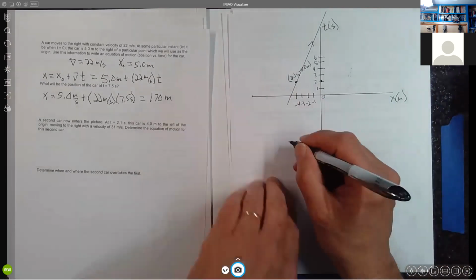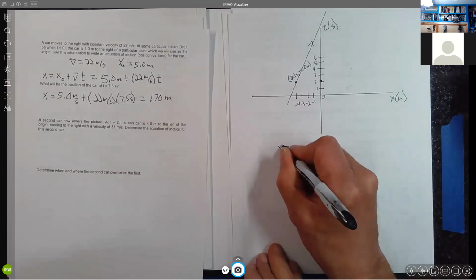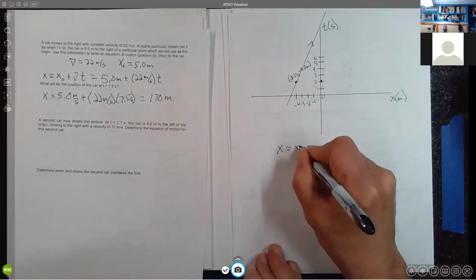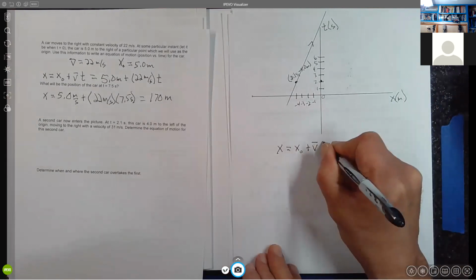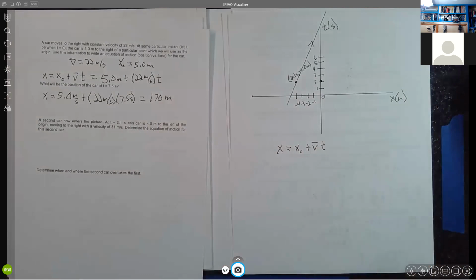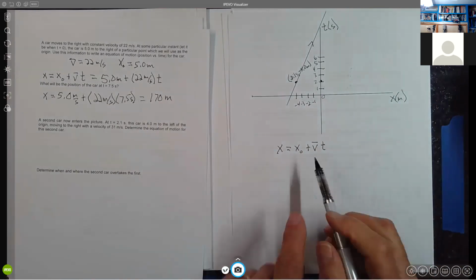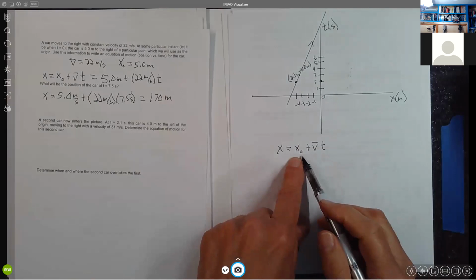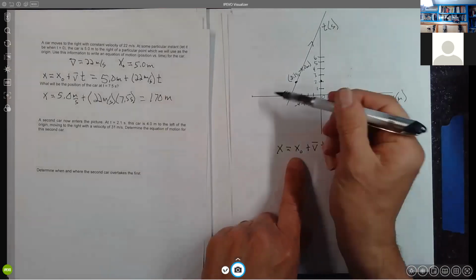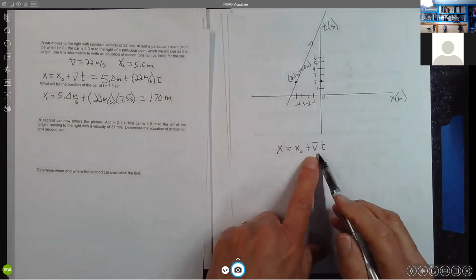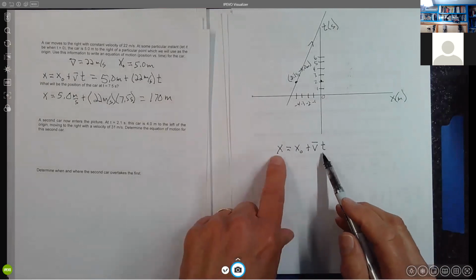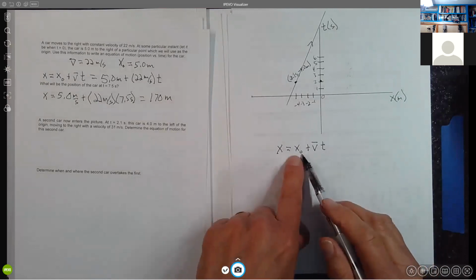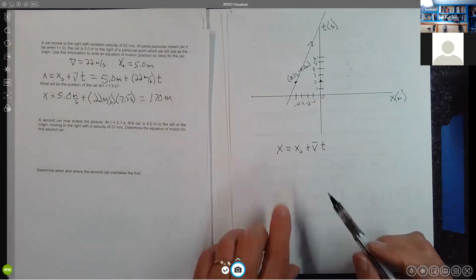I can say for this second car, it's going to have an equation that looks like where it is at time 0 plus its average velocity times t. Now, I don't know where it is at time 0. It's somewhere to the left over here, but I do know its average velocity, and I know that at 2.1 seconds, it was at -4. So I can figure out where it is at time 0.